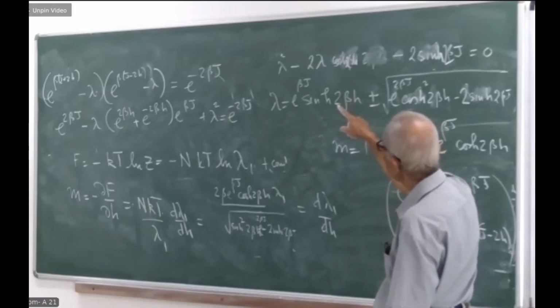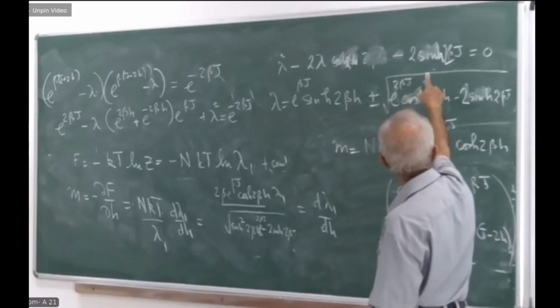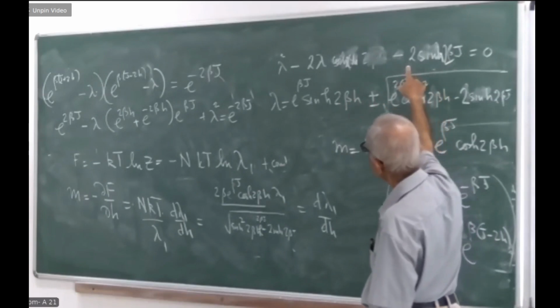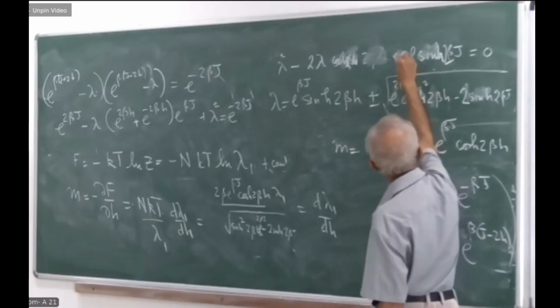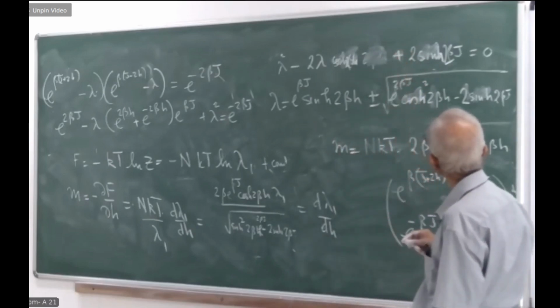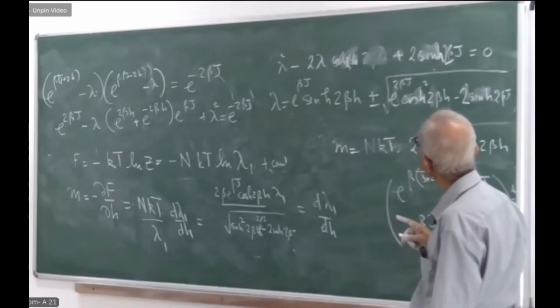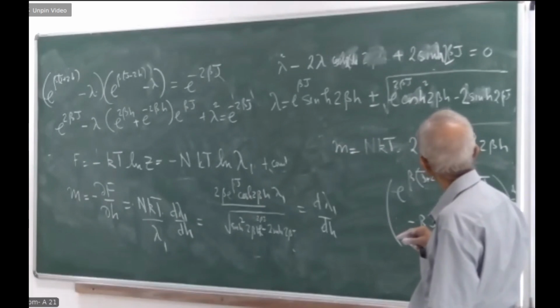So it is lambda square minus lambda this, and this is plus, right? Lambda square, and this is plus over here. Lambda square minus 2 lambda cos, right?